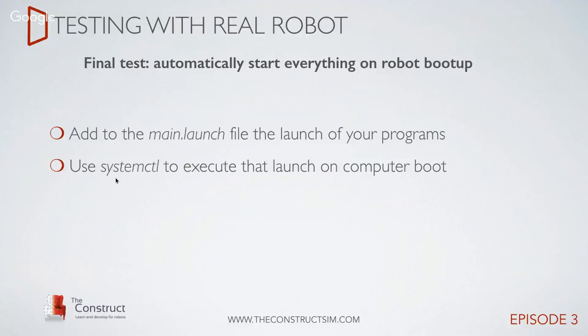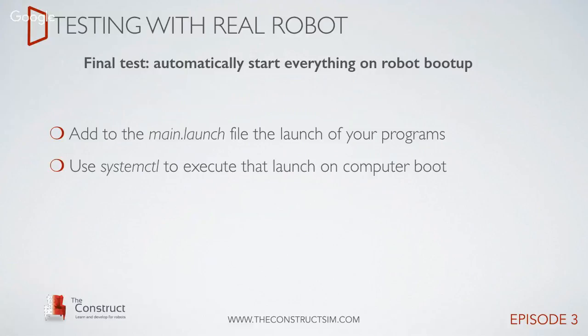Then you have to use systemctl of Linux, in case you are using Ubuntu. I think that in other Ubuntu, even if it's not for a PC, even for Raspberry Pi, etc., you also have systemctl. I'm not sure about that, but on normal Linux, you have systemctl to execute that launch file on computer boot.